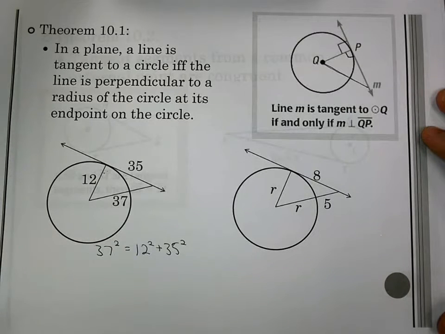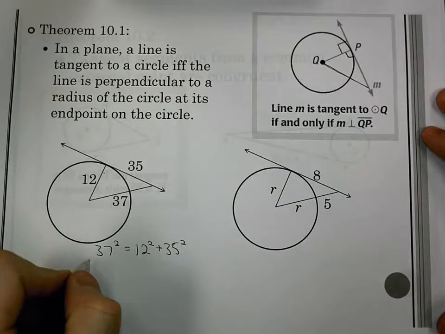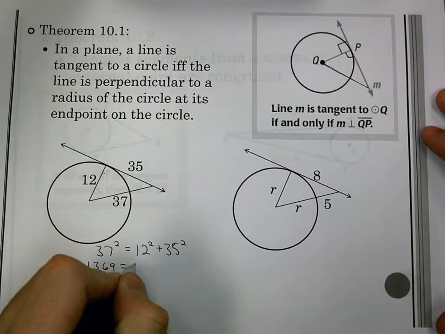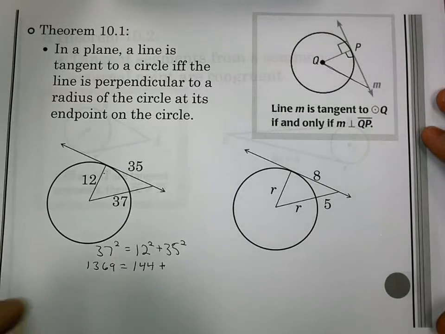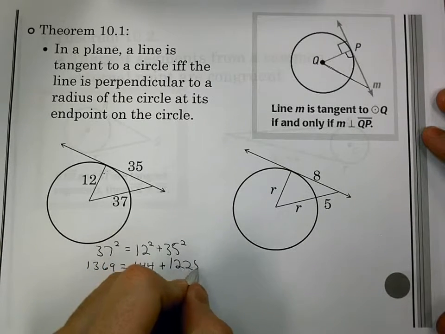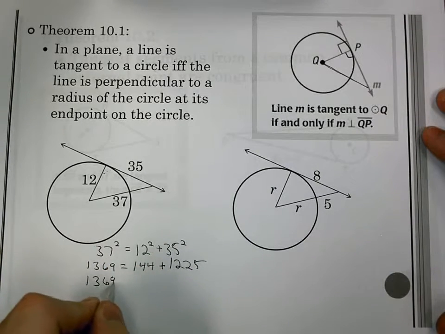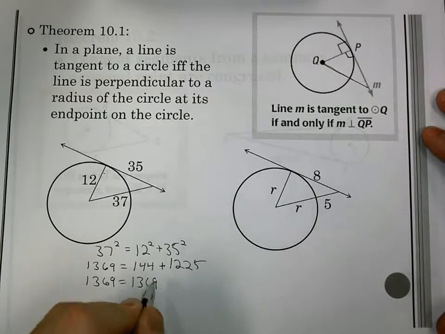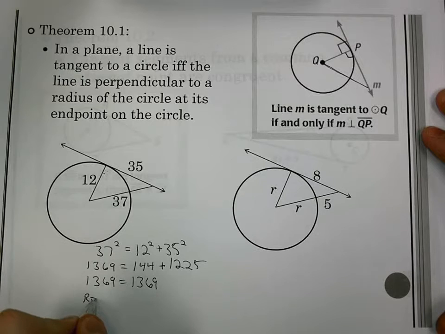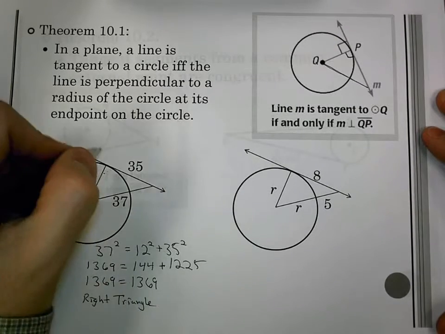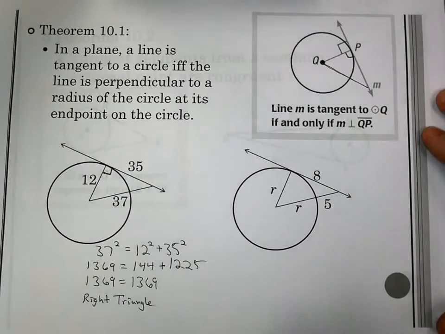So 37 squared is 1,369. 12 squared is 144, and 35 squared is 1,225. I combine those and I get that they are equal. So the fact they're equal means I have a right triangle, and this would be a tangent.